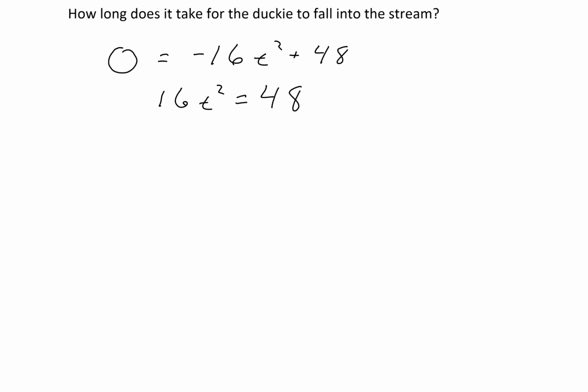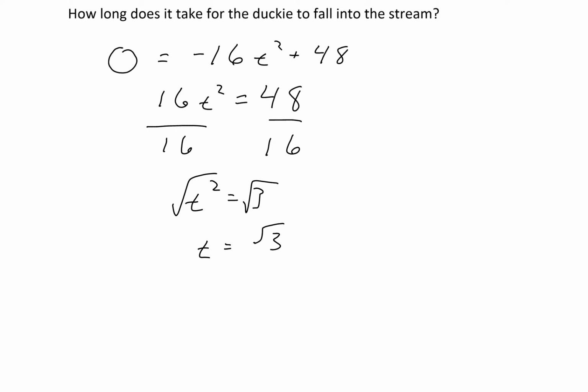And then I'm going to divide each side by 16. So t squared equals 3. Take the square root of each side. And the amount of time it's going to take for the ducky to fall in the stream is going to be the square root of 3, which is about 1.7 seconds.